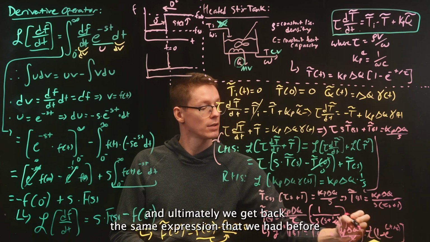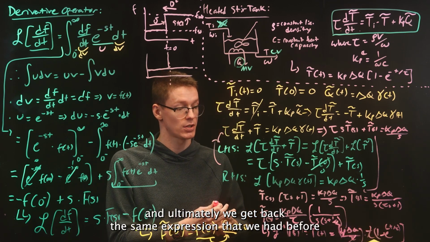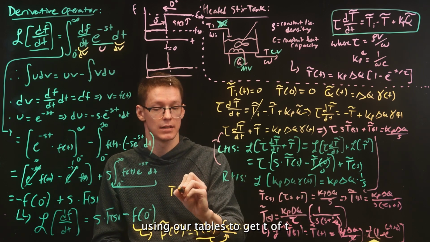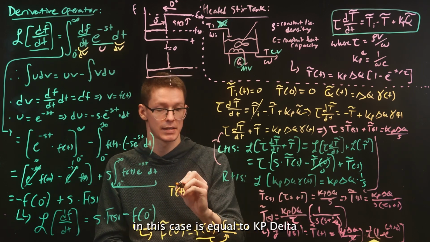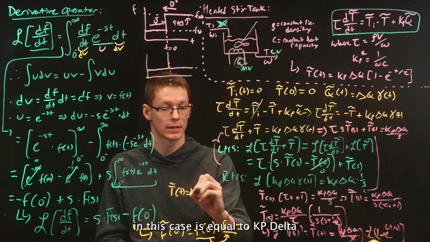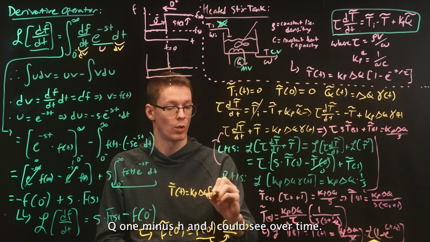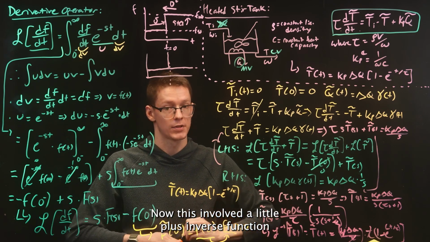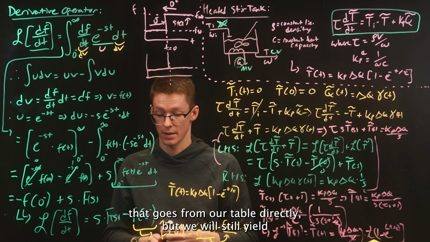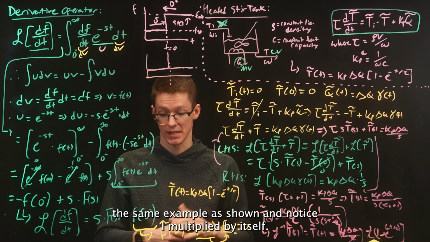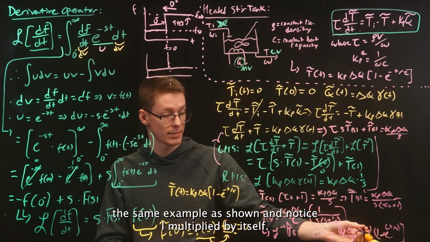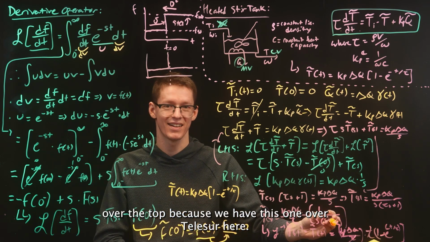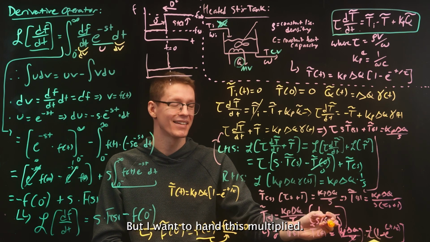Our taus cancel, and ultimately we get back the same expression that we had before using our tables: T(t) is equal to Kp delta q times (1 minus e to the negative t over tau). Now, this involved a Laplace inverse function that goes from our table directly, but we still yield the same result as shown. And notice I multiplied by tau itself. It's truly more like 1 over tau, because we have this 1 over tau term here, but I went ahead and just multiplied.